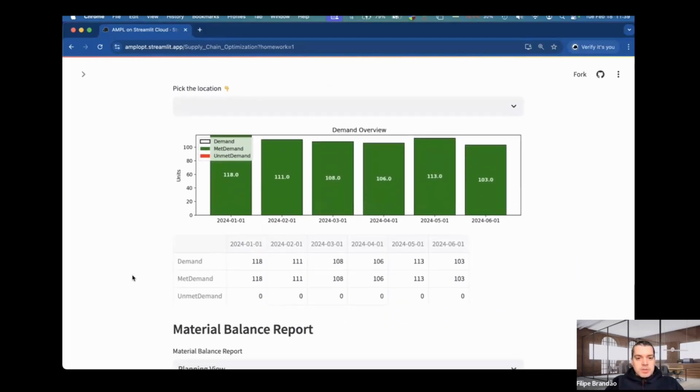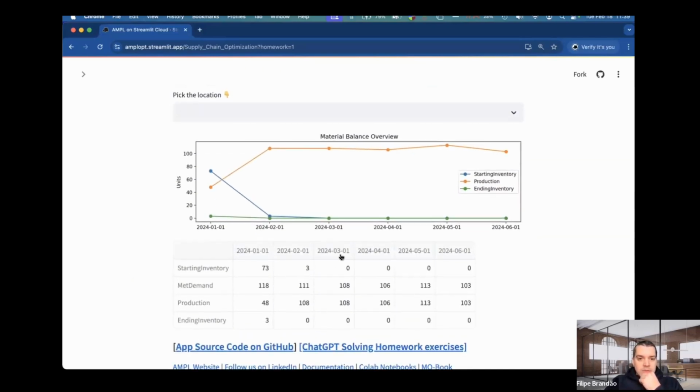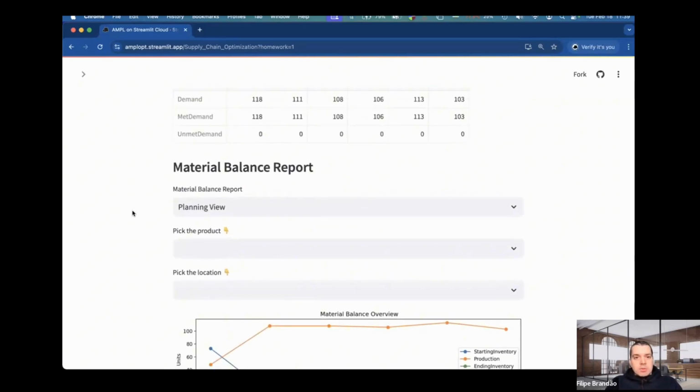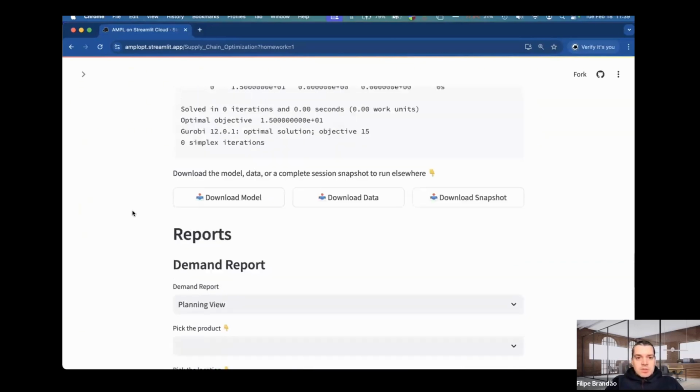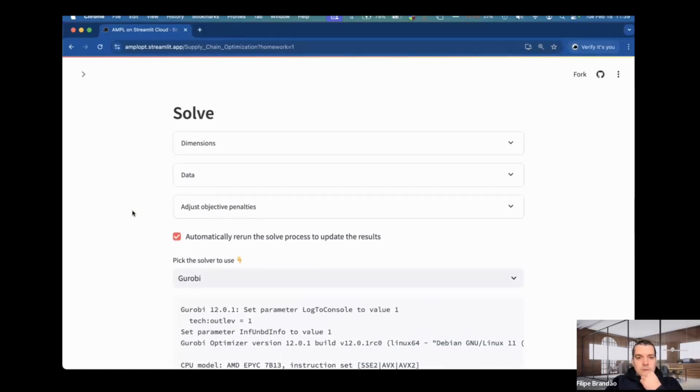And let's look at the reports. And now the reports are looking fine, just like the reports that Christina was showing. We have the demand being met every time. And we have inventory carryover happening, demand being met, production happening. So everything looks fine. So these are just simple sources of infeasibilities and issues with your model.